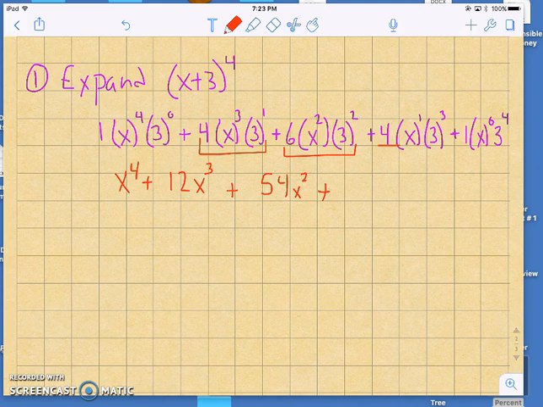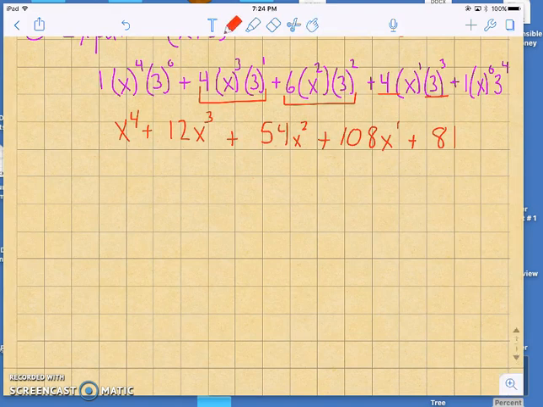Plus, we have 4 times 3 cubed. Well, let's see, that's 27 times 4. 28, carry the 2. So we have 108 x to the 1st. And x to the 0, that's just 1. So we have 3 to the 4th, which is 81.